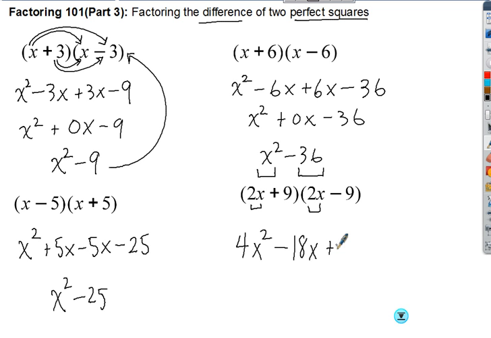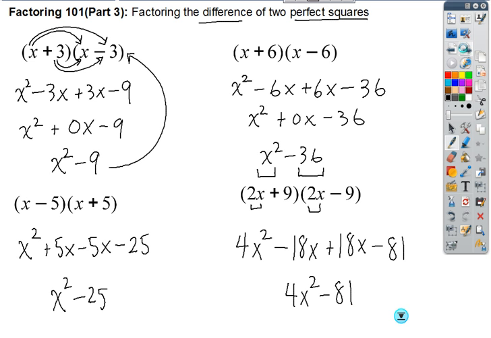And then I'll have plus 9 times 2 is 18. And then minus 81. These will cancel out, and your final answer will be a difference of two perfect squares, x squared minus 81.